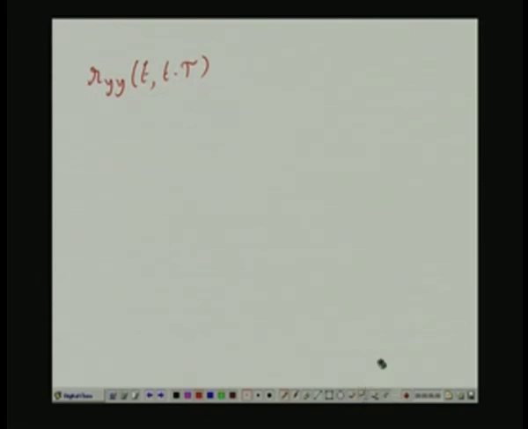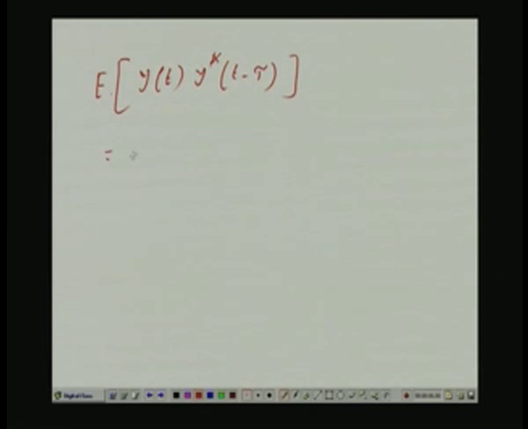Or maybe let us find out these first. E of y of t times y star, say, y star of t minus tau. Is it a function of tau alone? Then it is stationary with respect to correlation also. So, let us find out.